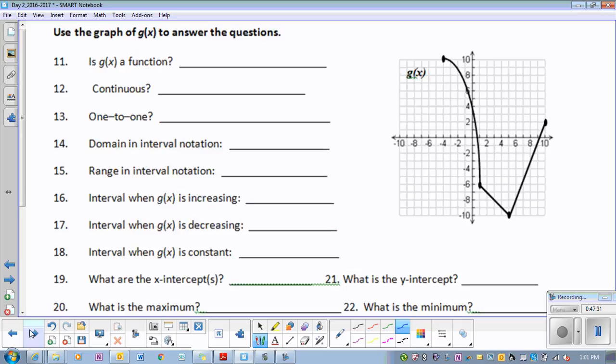All right, so let's go to this crazy looking graph on the back of your white sheet. Hang in there, we're almost done, okay? Let's look at g of x. Is this a function? Let's use the vertical line test.